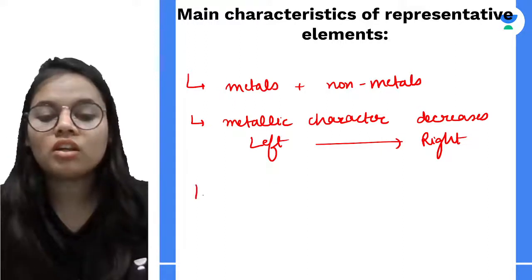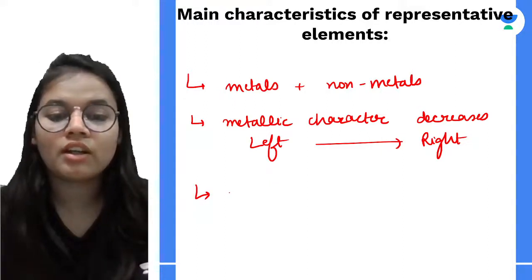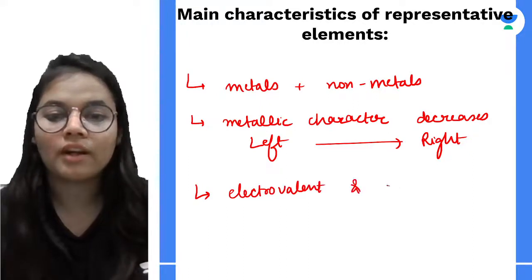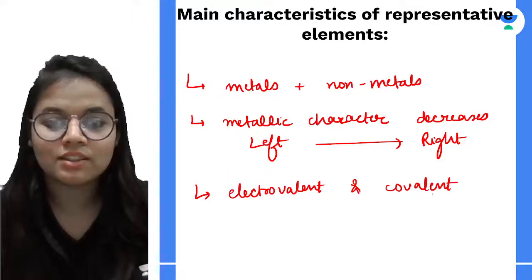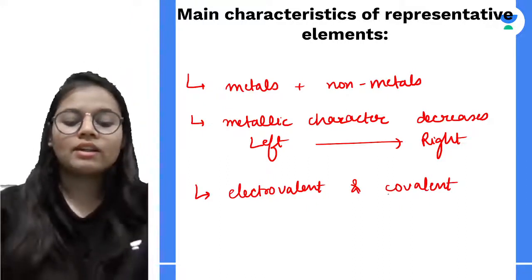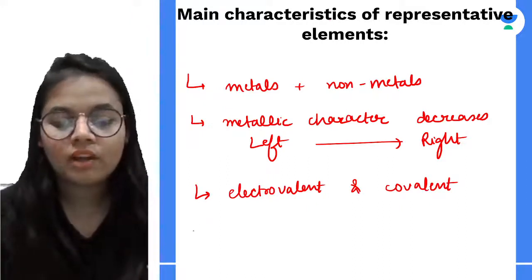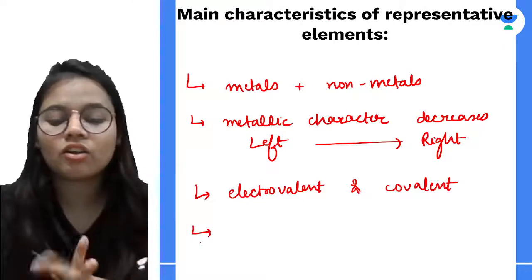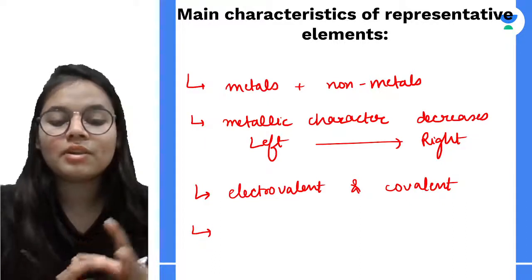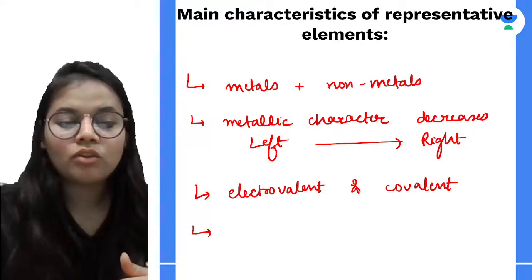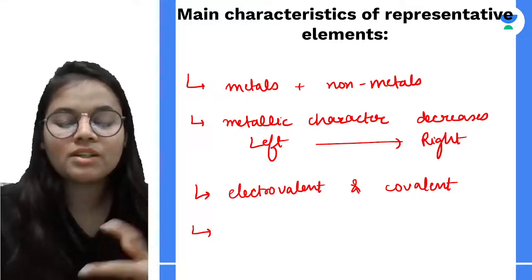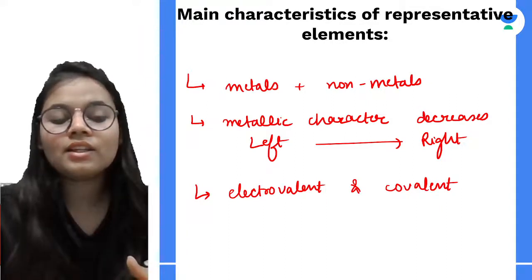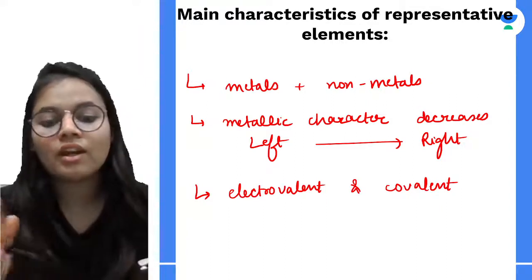Then talking about the bonding, they form electrovalent as well as covalent bonds. So both types of bonds we can see over here. Metals, which are good conductors of heat and electricity, are present in group number 1 and 2, and non-metals are present in group number 16 and 17.